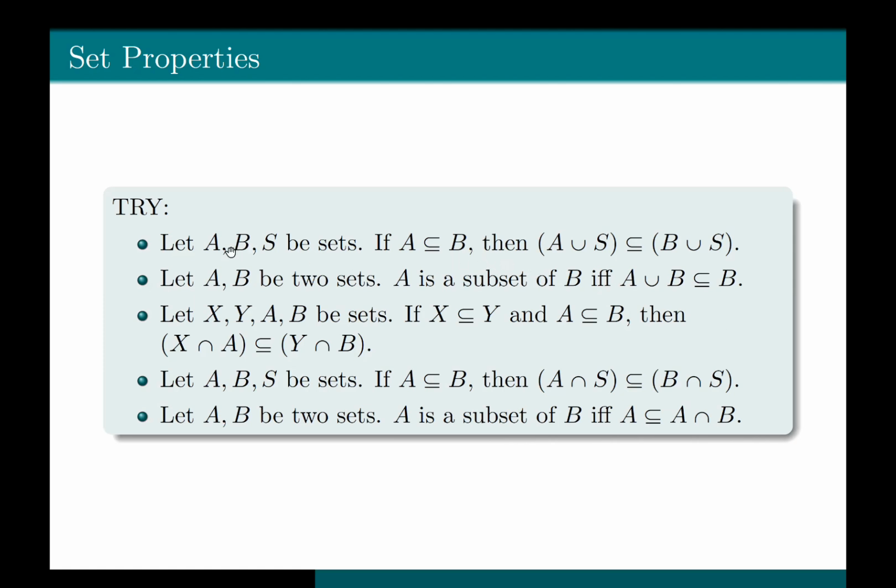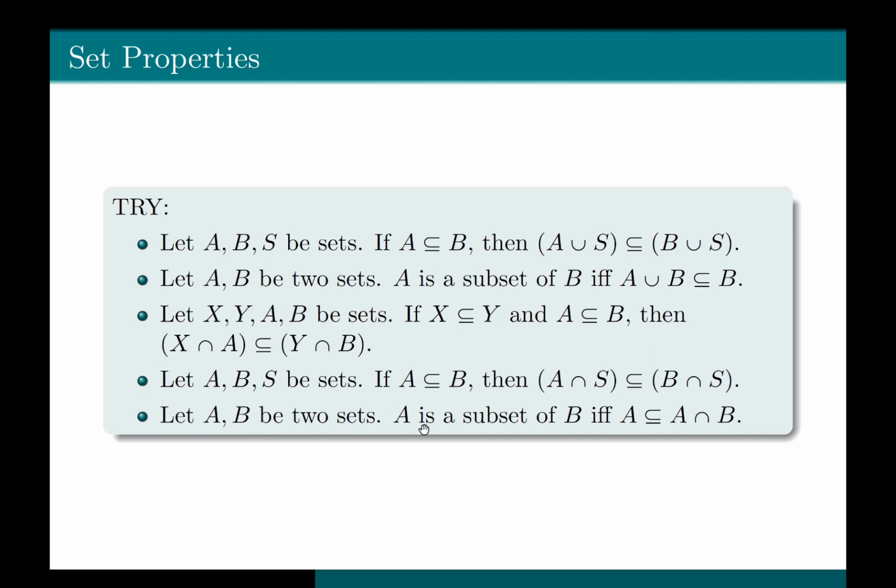Look at the property above this: if A is a subset of B, then A union S is contained in B union S. So take S equal to B. Then you will have A union B, and B union B is B, which we have already proved. So one side can be proved using the property we have listed over here.